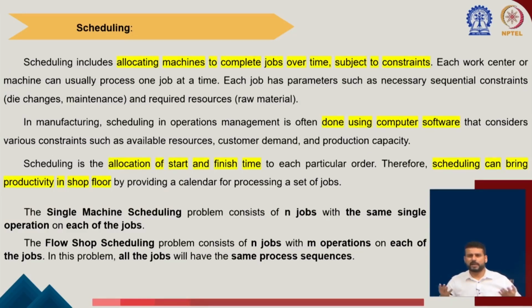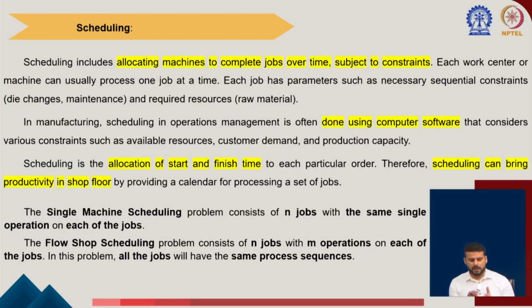Again we have computerized systems and software where you can put in any algorithm. Initially we will do this using Johnson's rule. The point here is that we allocate the start time and the finish time depending upon the processing time required to perform each job.